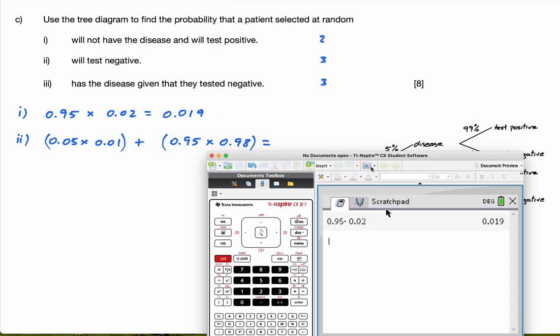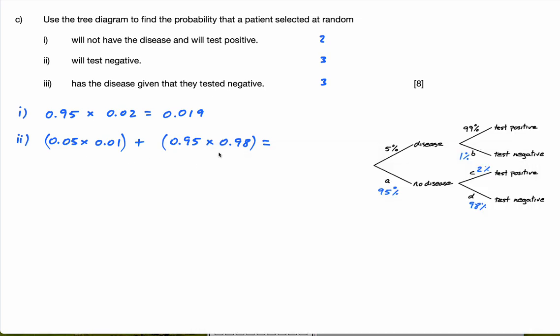This gives me 0.05 times 0.01, or 0.95 times 0.98. That's 0.9315.